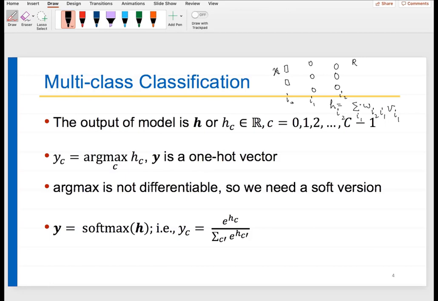And then my requirement is that my nonlinearities should be differentiable, yes. And is argmax differentiable? Argmax is not differentiable, right?